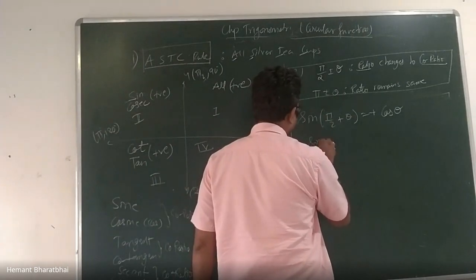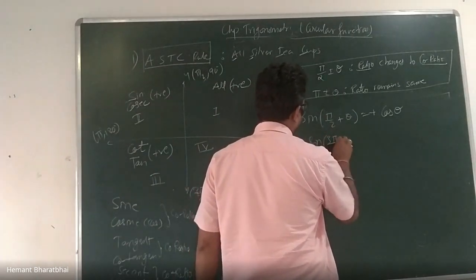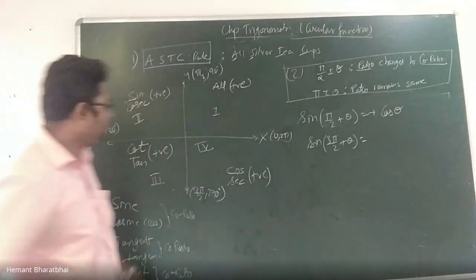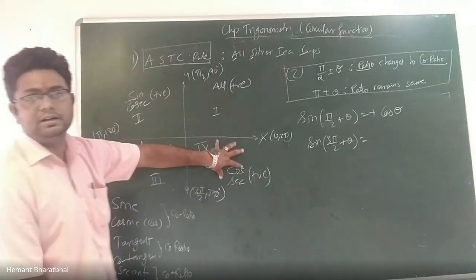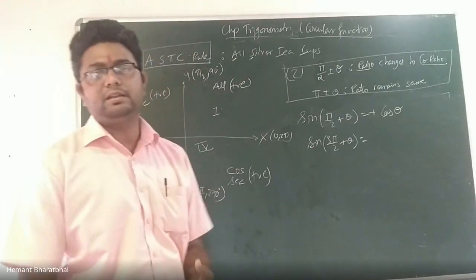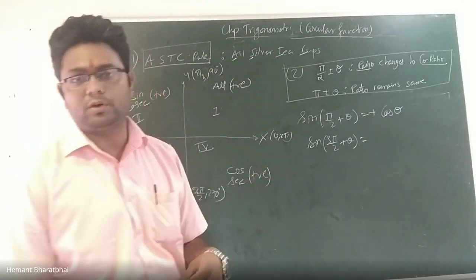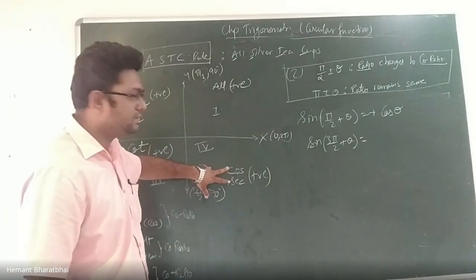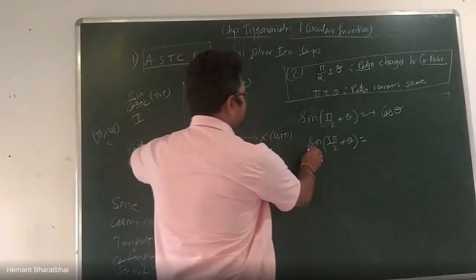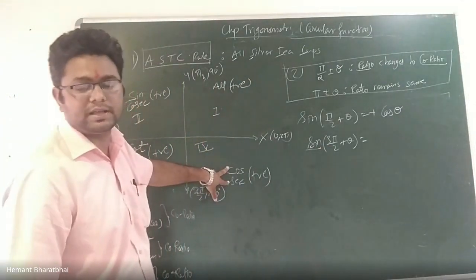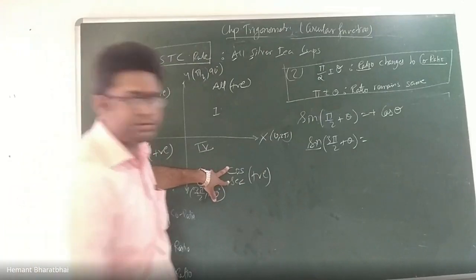Suppose I write sine of 3 pi by 2 plus theta. So when I do 3 pi by 2 plus theta, which means 270 degrees plus something, I will reach the fourth quadrant. In the fourth quadrant, cos and sec are positive, and all other trigonometric ratios are negative.